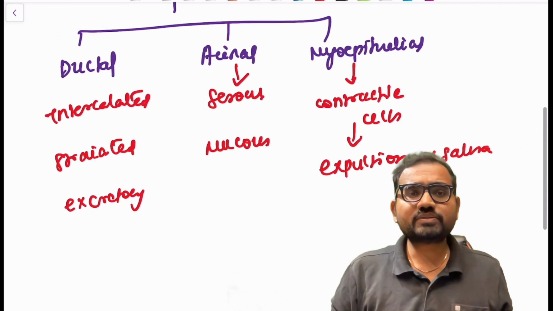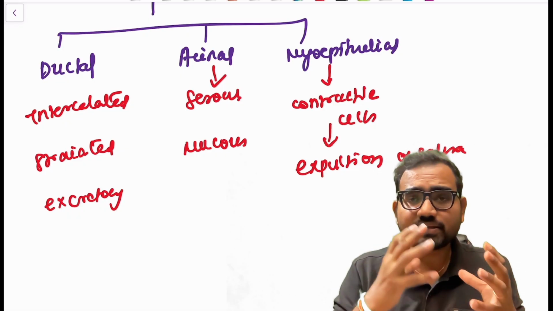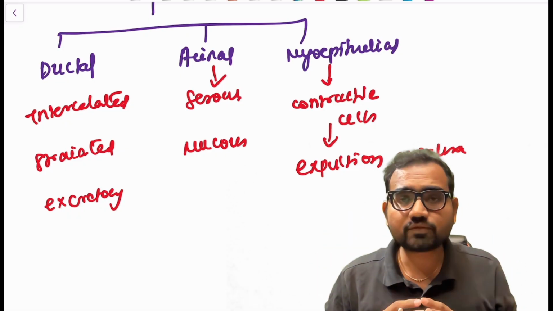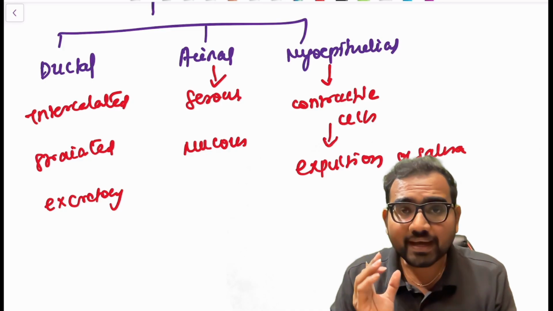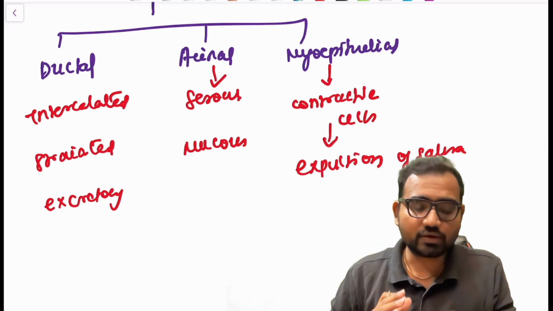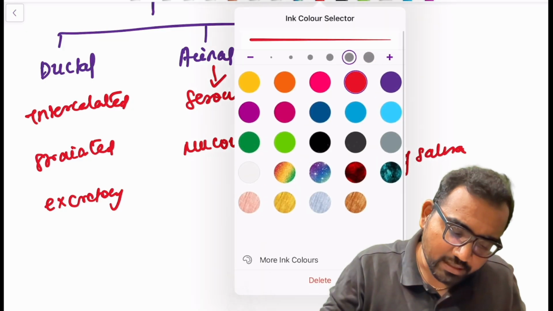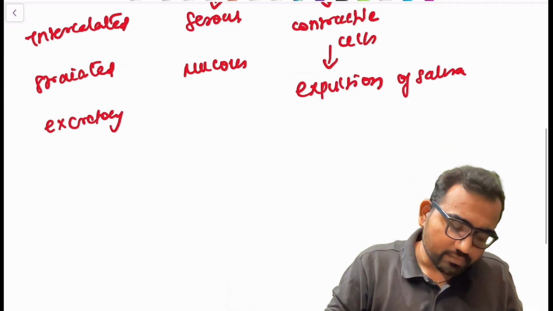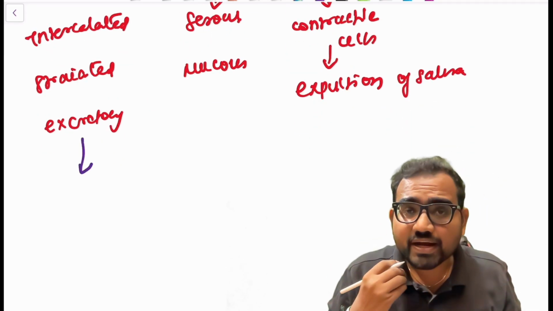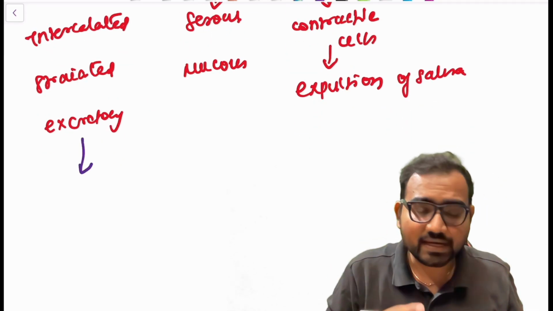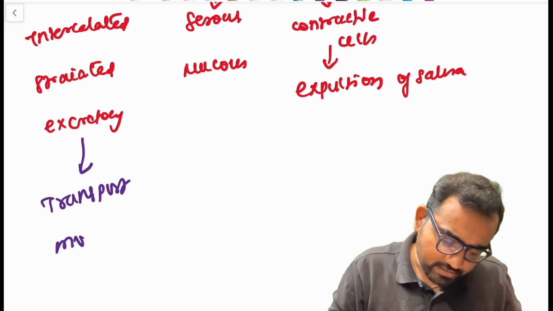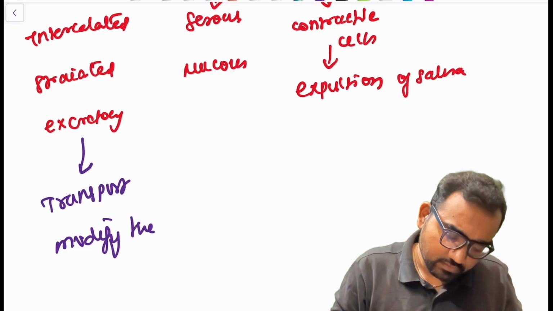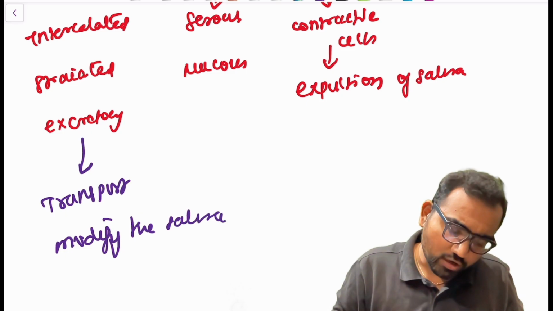So these three, the ductal, acinar, and the myoepithelials, form the parenchyma of the salivary gland. Now what is the function of the ductal cells? It is going to transport and modify the saliva. In what way does it modify?